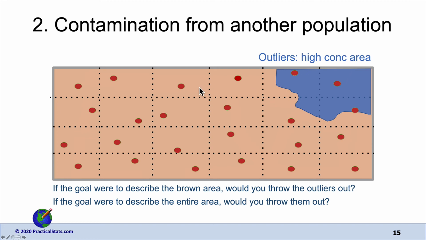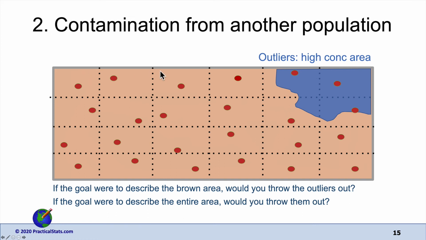So if you wanted to know what the typical concentration was in this whole area, you could take the median. And the median would likely fall in this brown area, since these three values are going to be at the upper end. And the three, quote, outliers would not affect the value for that median very much.